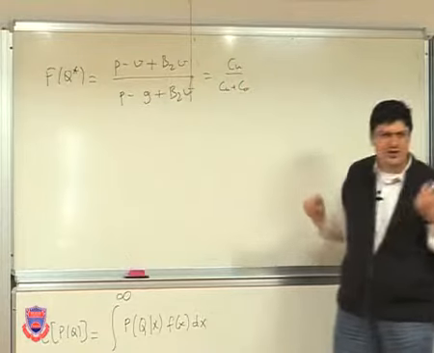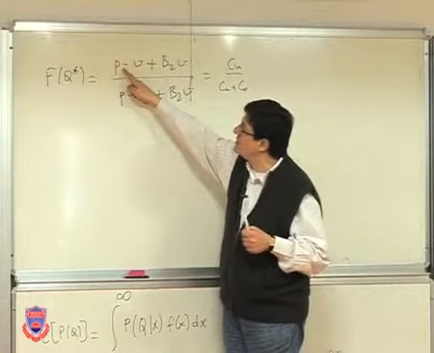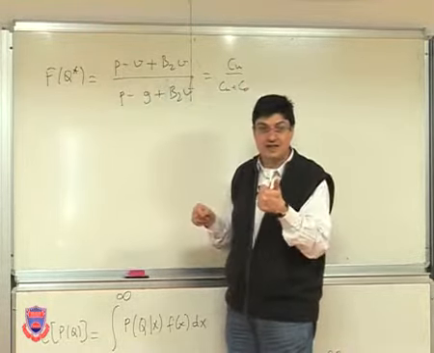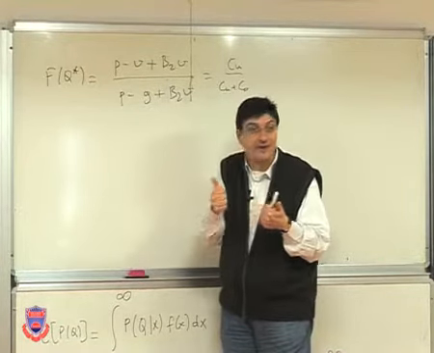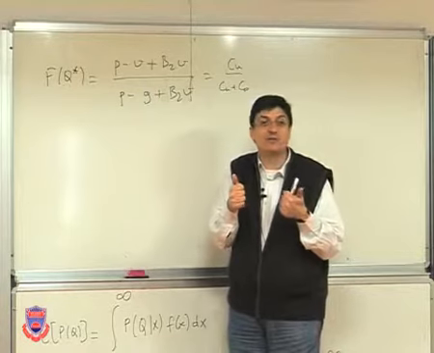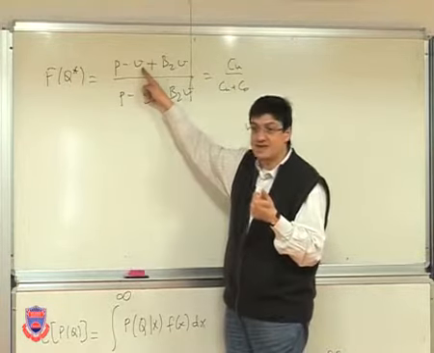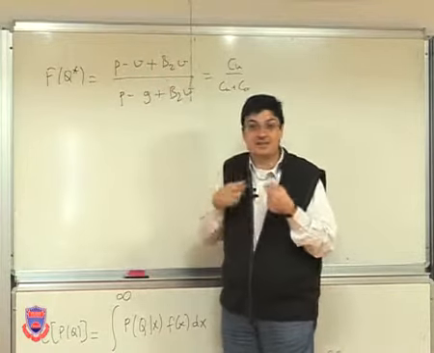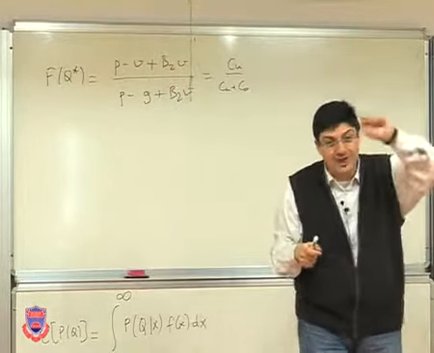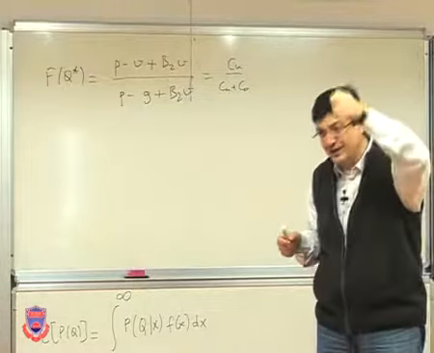Now, what is cost of underage in this case? Well, you see that when you cannot satisfy the demand, you lose, number one, the profit that you were going to make. What is the profit that you are going to make? V is the acquisition cost, P is the unit revenue. P minus V is the profit that you were going to make if you had that excess unit.